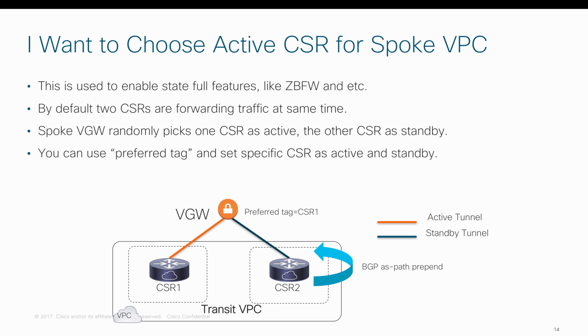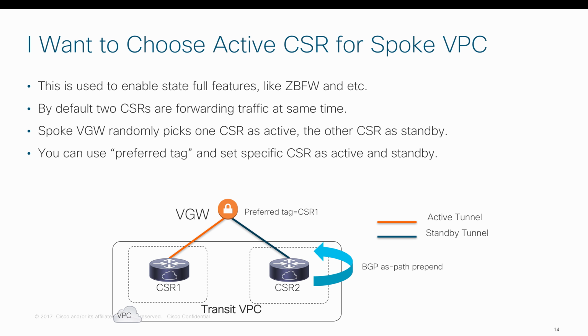Basically, after you put the tag, when you build the connection, the automation will push a BGP AS path prepend to the other CSR. So the VGW is going to learn the routes from both of the CSRs, but the routes from CSR2 have a longer AS path.